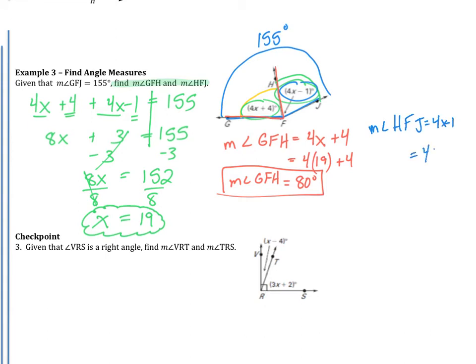So it'd be 4 times 19, and this would end up being 75. So the measure of angle HFJ is equal to 75 degrees. So in the end, you find x, you got to plug it back in.